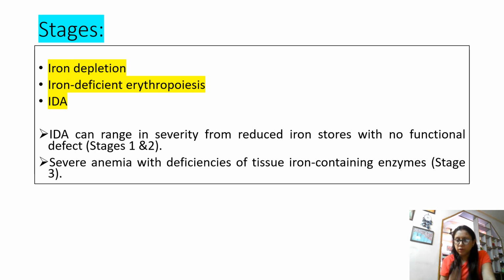When iron depletion is happening in the body, in the second stage the body even tries to continue the process of erythropoiesis. So that stage is your stage 2, iron deficient erythropoiesis. If that also is not controlled, then the patient develops iron deficiency anemia, which is frank. So this IDA, iron deficiency anemia, can range in severity from reduced iron stores, which is stage 1, with no functional defect in stage 1 and 2, to severe anemia with deficiencies of tissue iron containing enzymes, that is stage 3 or frank iron deficiency anemia.